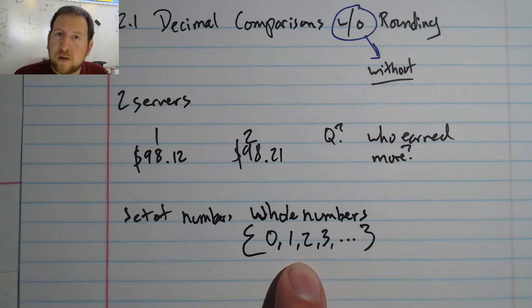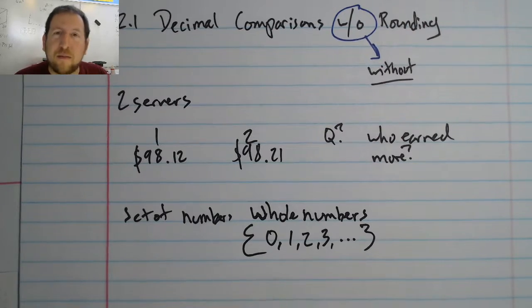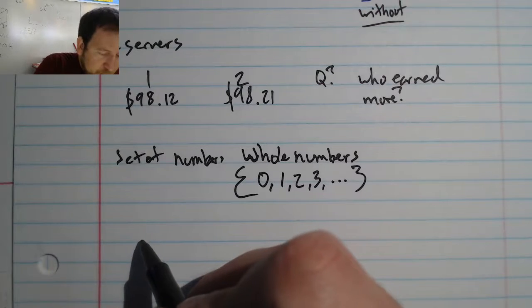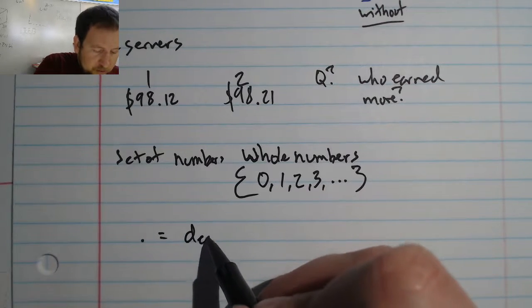But in this section, we're going to start looking again at decimals and remembering how we can use them inside of our math. That little point is our decimal point.